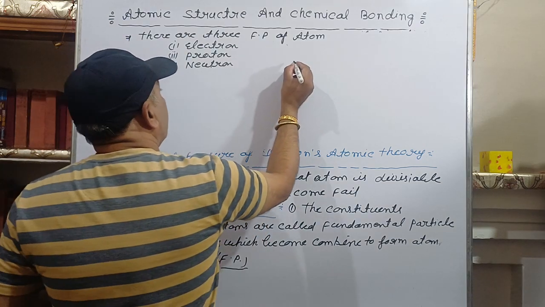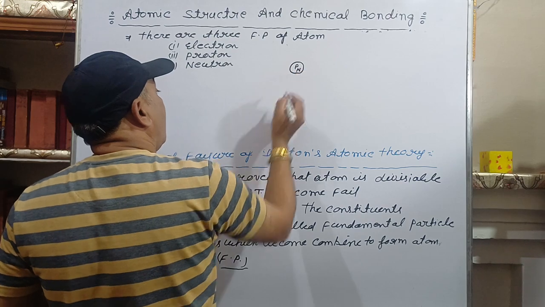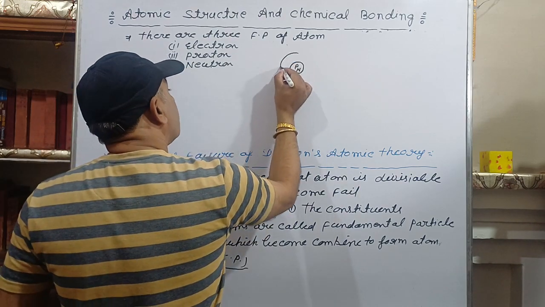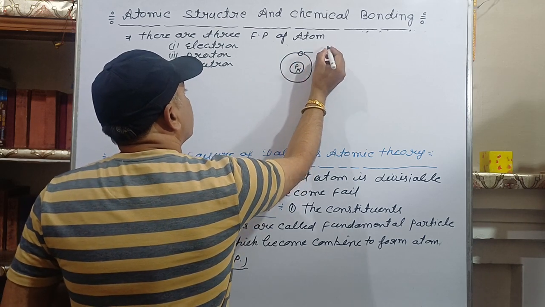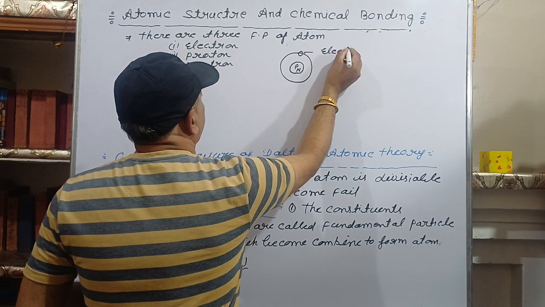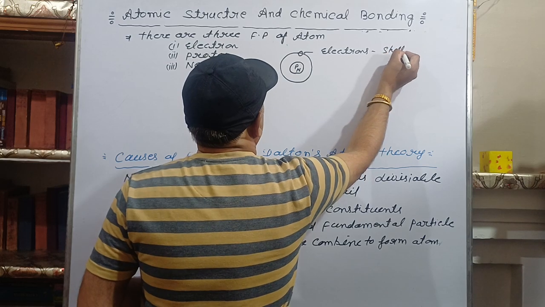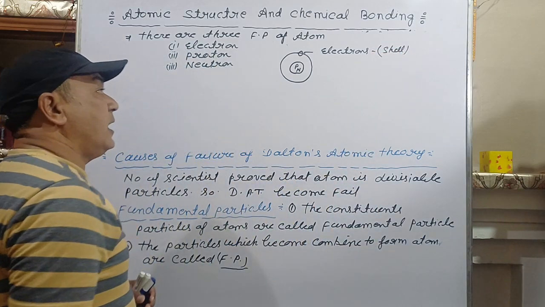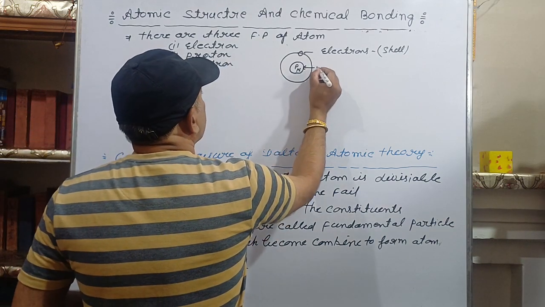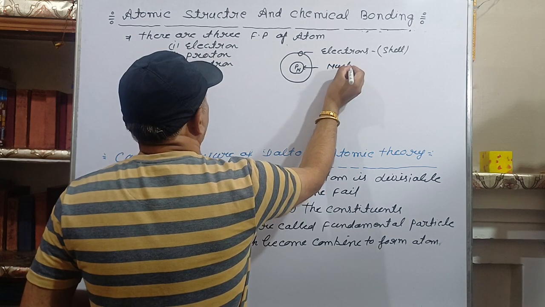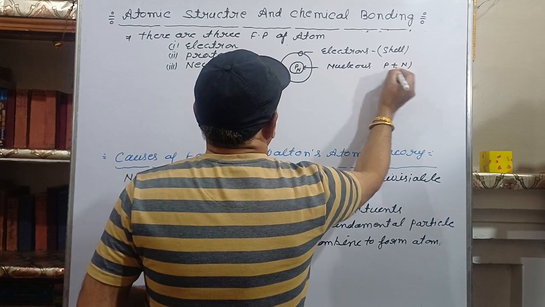Protons and neutrons are present in the nucleus of the atom, while electrons are present in different shells of the atom. Shells are circular paths around the nucleus, which consists of two main parts, protons plus neutrons.